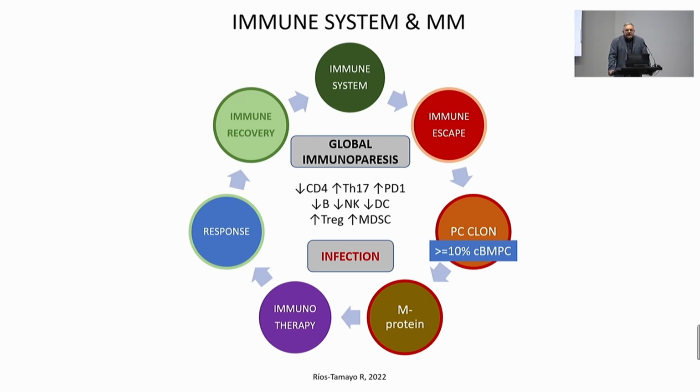As is the case with many other malignancies, its origin is an immune escape, which leads to the proliferation of a plasma cell clone. In the case of multiple myeloma, we have to demonstrate more than 10% of clonal plasma cells in bone marrow. These cells secrete a monoclonal protein in serum, urine, or both.